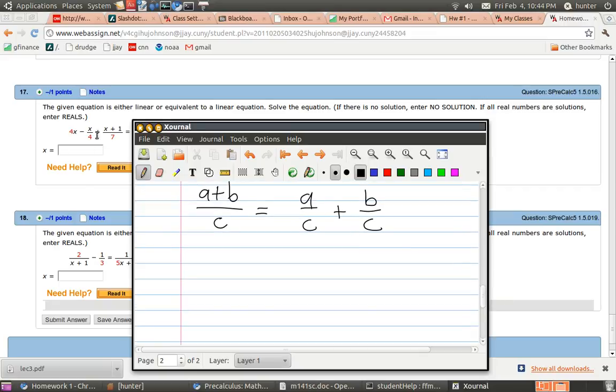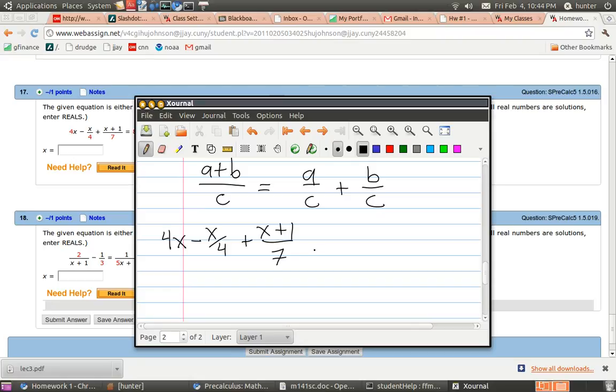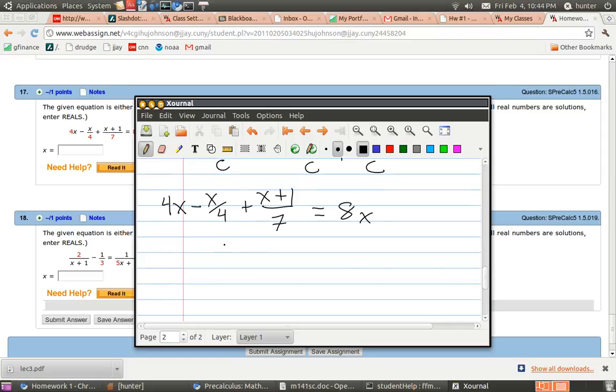That's a useful algebraic rule, and I plan to use it on the x plus 1 over 7 part. Let me rewrite the question. I've got 4x minus x over 4 plus x plus 1, that's what I'm going to break up, over 7, equal to 8x. We're going to have to collect all these x's just like we got all the y's together so we could factor them out.